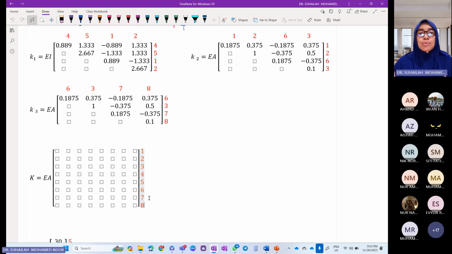Okay, so when we want to calculate 1,1, it means we have to find the value 1,1 from K1, K2, and K3. That is the simple mathematics. And you have to try to do it within the time given. It is just about 5 minutes, not more than that.